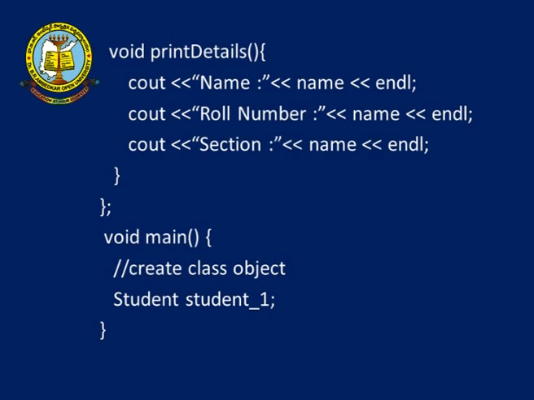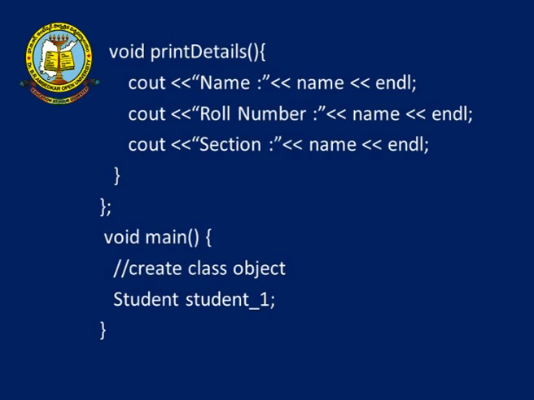After that, student is the class name, and then the object name, our object name student_1. The compiler will first check whether there is a student class or not. Suppose there is a student class, then it will create the student object.